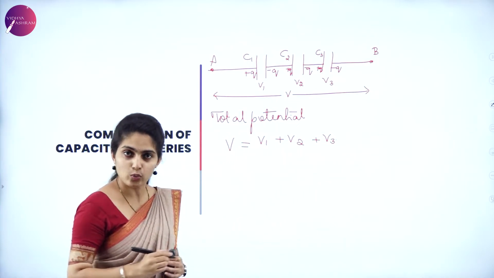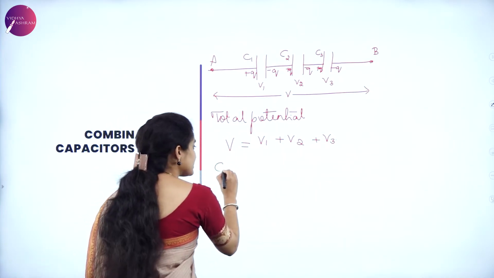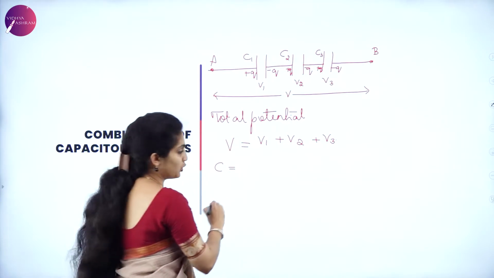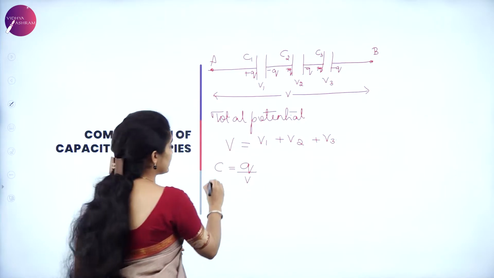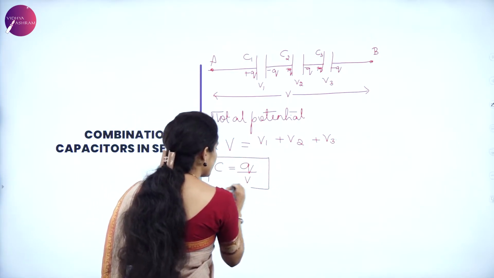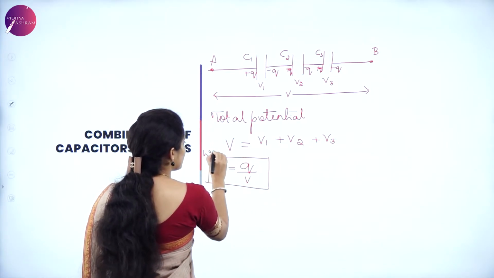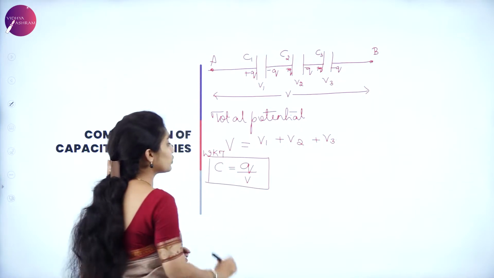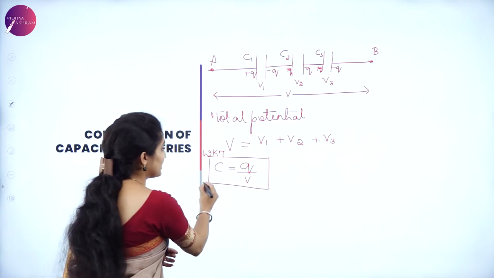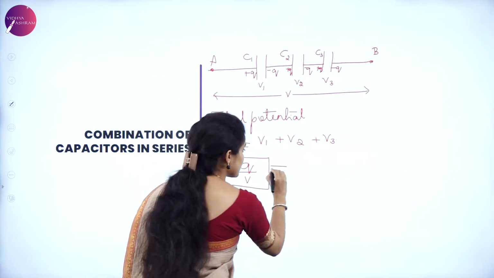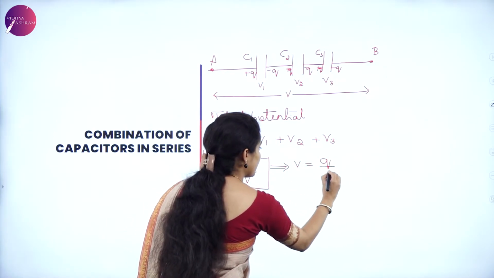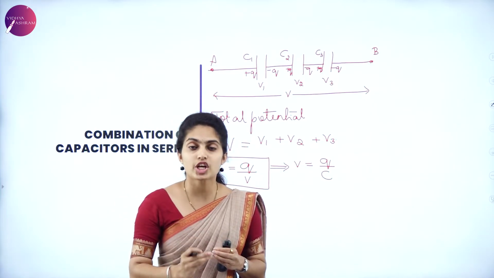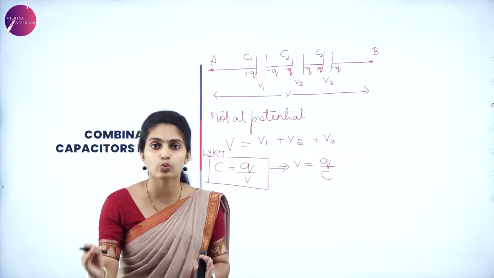And we know that capacitance C is equal to Q divided by V. So you can write V is equal to Q divided by C. Here the charge is Q itself throughout.